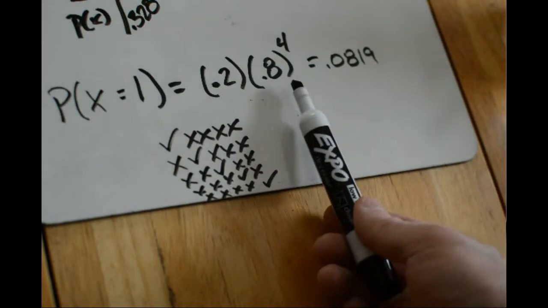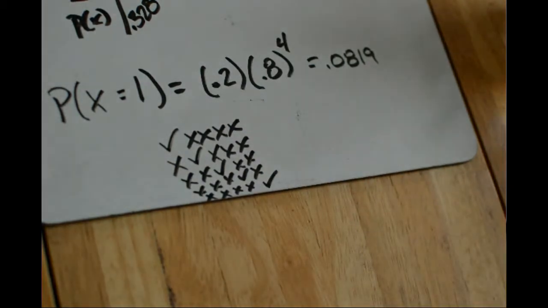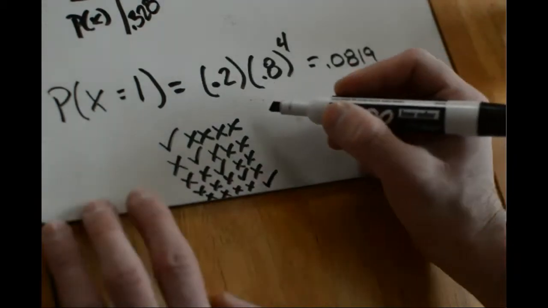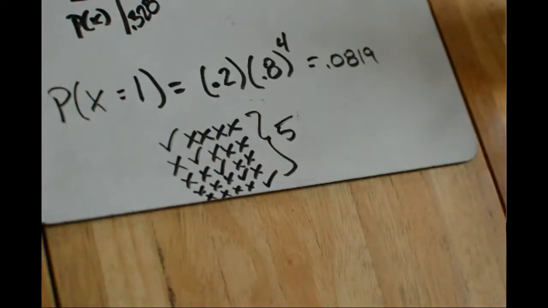So if we only look at this in terms of 0.2 times 0.8 to the 4th, that is only looking at getting the first one right and the last 4 wrong. But how many ways are there to get one right? Well, there are 5 ways to do that.